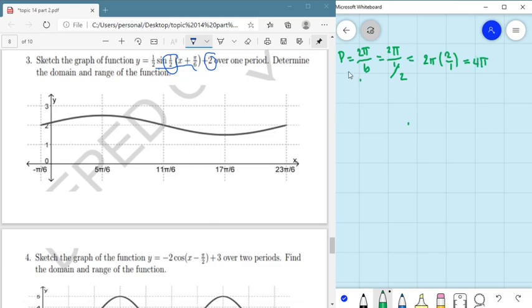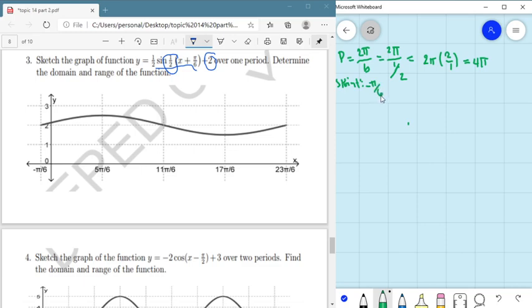So in this situation, one cycle will start from, since this is x plus pi over 6, meaning your starting point is negative pi over 6.